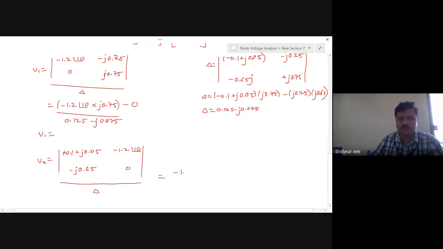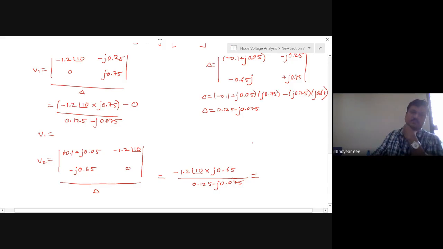So it is minus 1.2 at an angle 10 into j0.65, divided by delta, 0.125 minus j0.075. Yeah, what is V1 and what is V2? It is now simple substitution. It should not take much time.